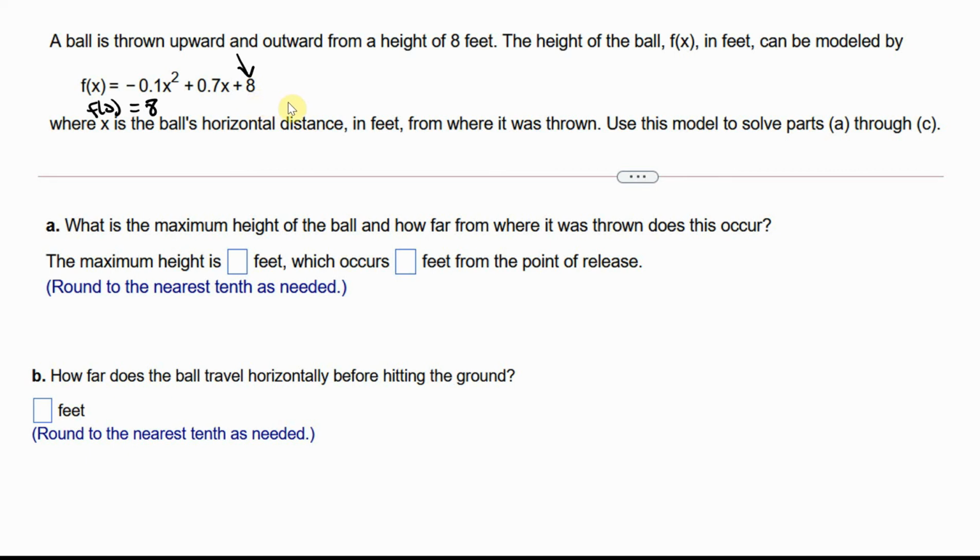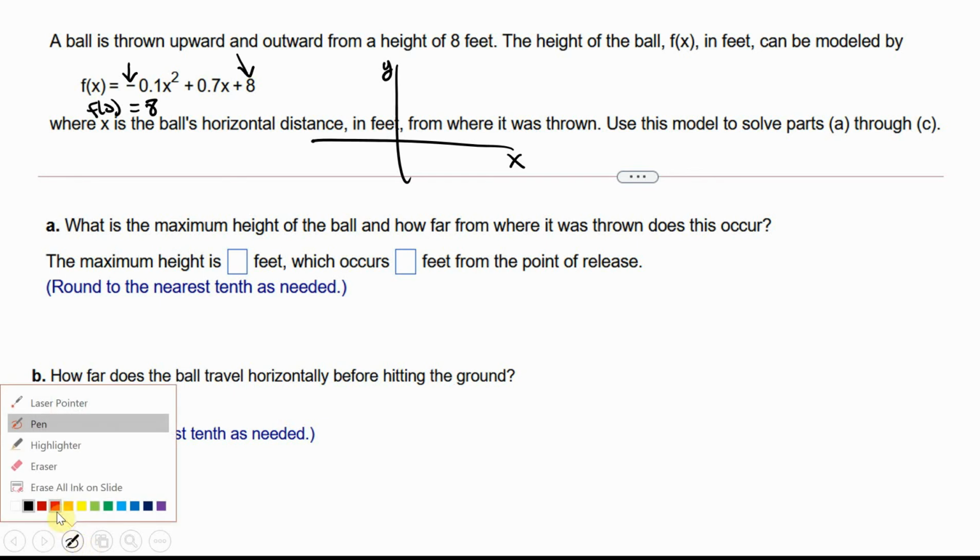The height of the ball is given by the function, where x is the ball's horizontal distance, that is just across the xy plane. Since it's negative, that means this graph is going to be shaped going downward.